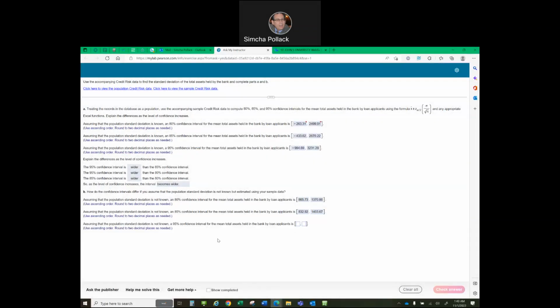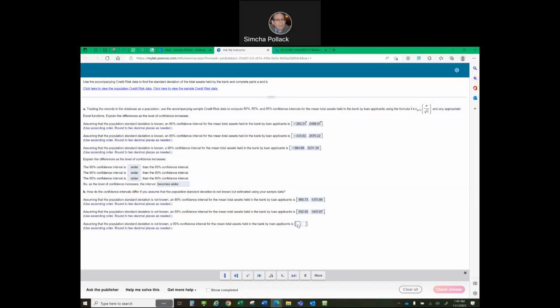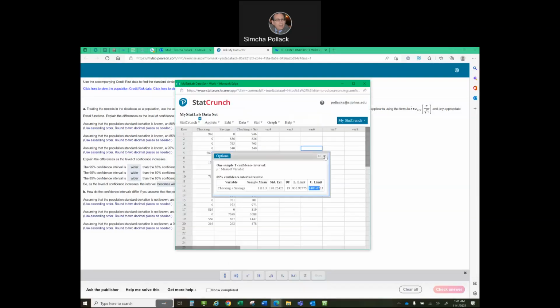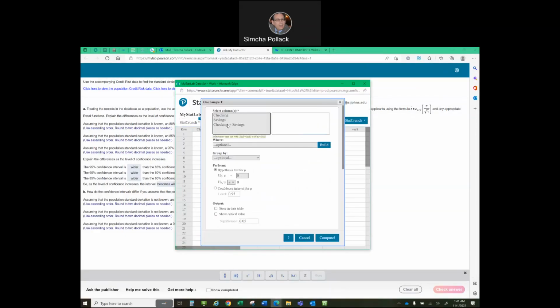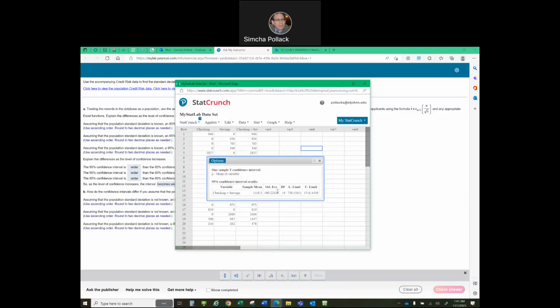Now they're going to probably say 95, which was my first answer, which I forgot what I said. But it goes so quickly. Let's do it again. Erase, stat, t-stat, one sample with data, this variable, this 95. So that's the most common number. Compute, 720.15.